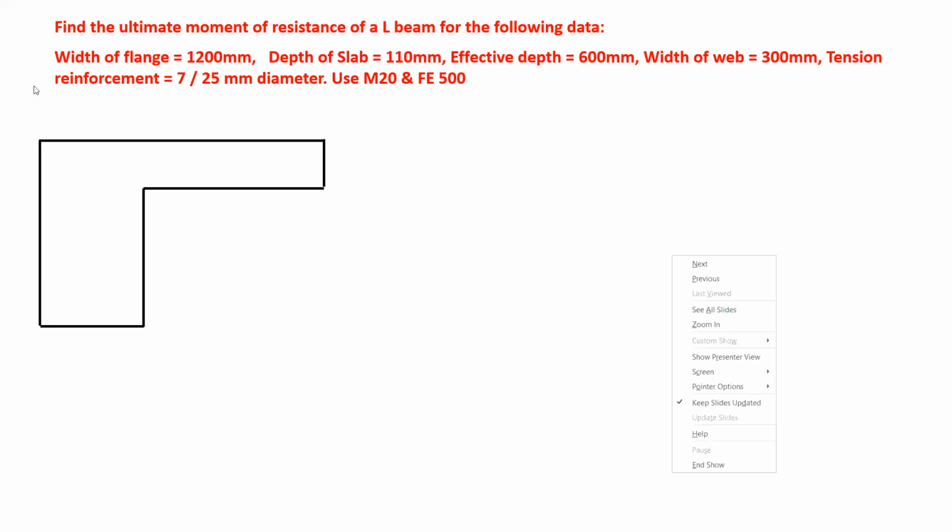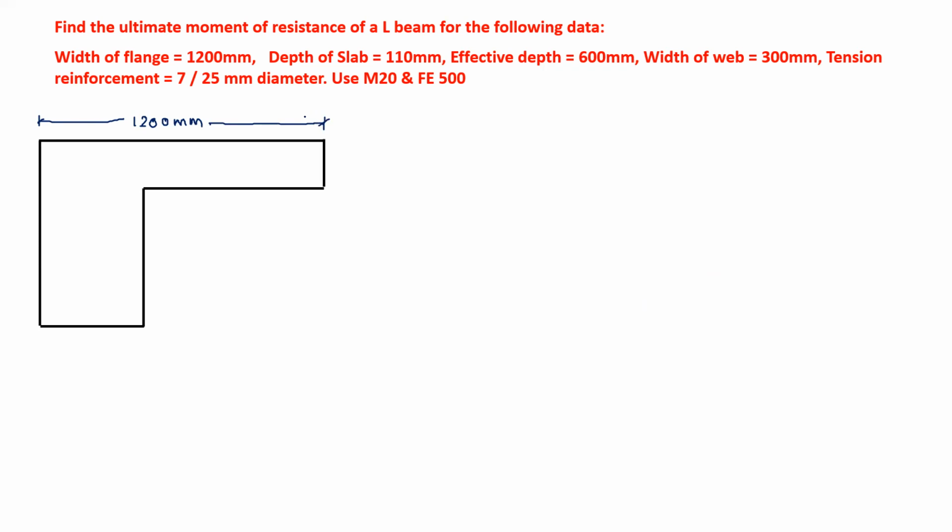For an L beam, we have slab only on one side. So these are generally corner beams or along the periphery of the structure. Then we have given effective depth 600, depth of slab 110.